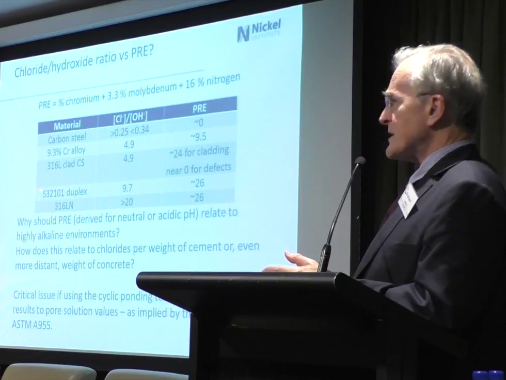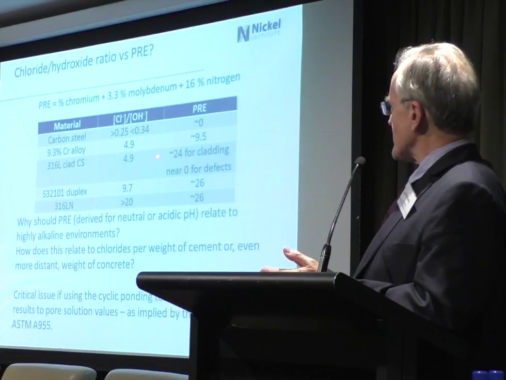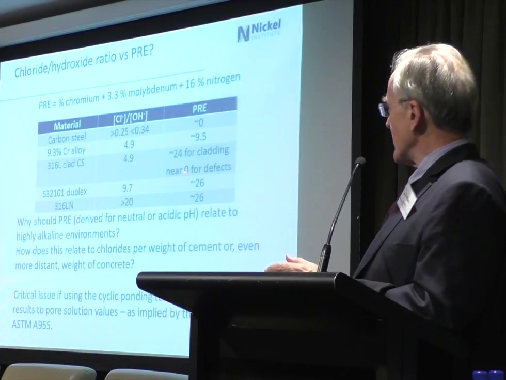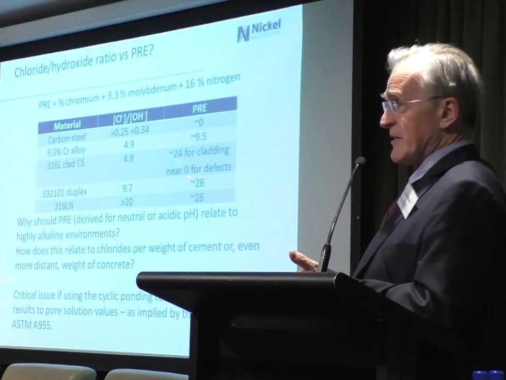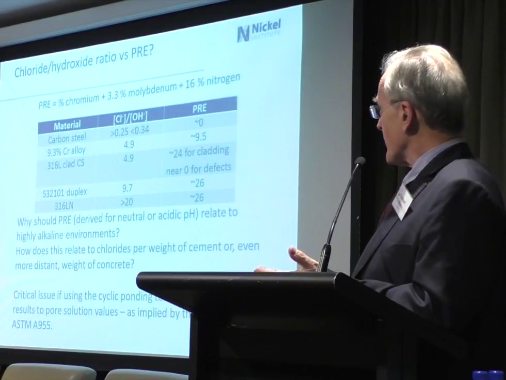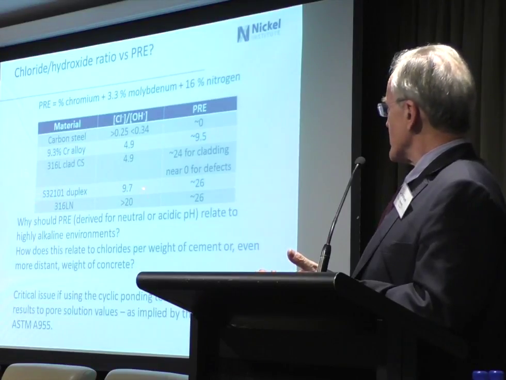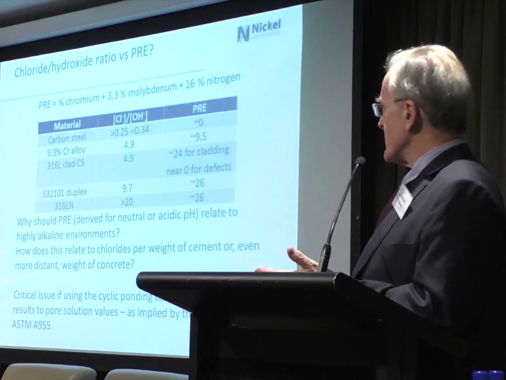Clad 316, 4.9. Okay, experimental work. And the problem is that if you look at that, it says 24 for cladding and about naught if it's near defects. So clearly the defects, and there must have been defects, are overwhelming that. 2101, which is a lean duplex, 9.7, but the PRE is about 26.